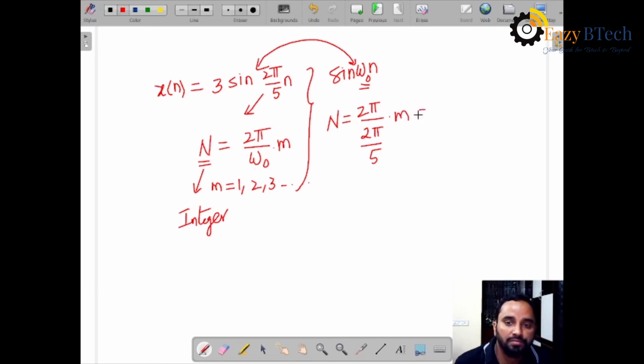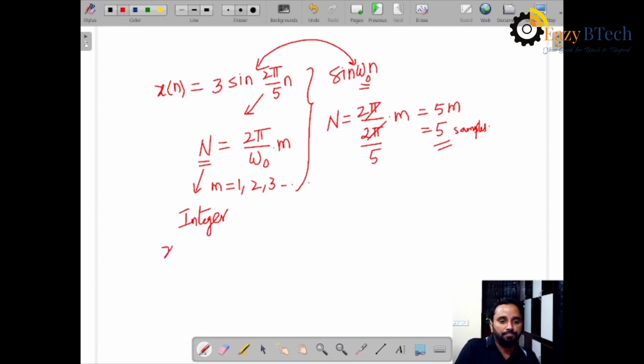So you get, 2 pi cancel, 5m. So we can take m as 1, so it will be 5. 5 samples. What is 5 here? Samples. So this is a way of finding the time period.